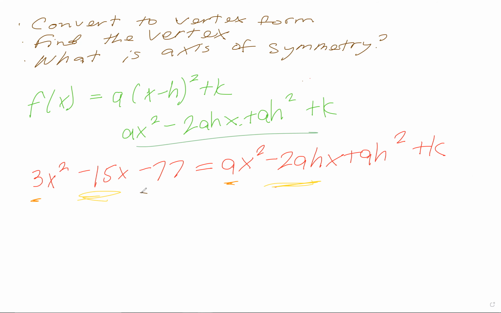And negative 77 goes with everything else. So 3 is equal to A. Negative 15 is equal to negative 2 times 3 times H.